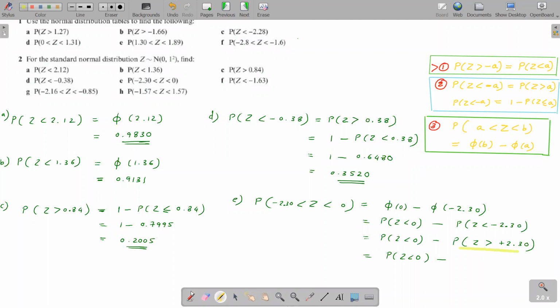So what do you do? Make sure you put a bracket here, and you write this as 1 minus probability Z is smaller than 2.30. Okay, guys, can you see? Z greater than is equal to 1 minus Z less than. The probability Z less than 0, that's from your table, that's 0.5. And this is 1 minus Z less than 2.30.